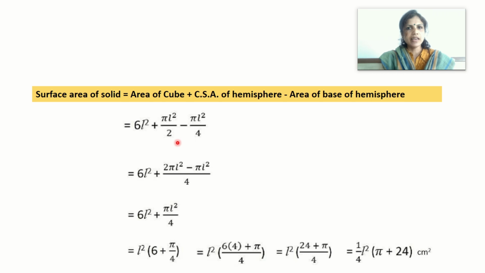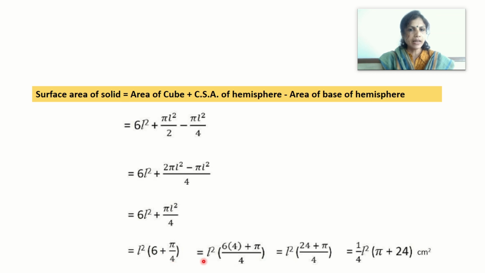We will take the LCM of the last two terms. So 6L square plus 2 pi L square minus pi L square upon 4. This 2 pi L square minus pi L square is equal to pi L square upon 4. So if you take L square common, we get L square into the bracket 6 plus pi upon 4.